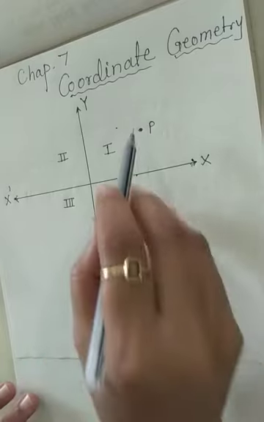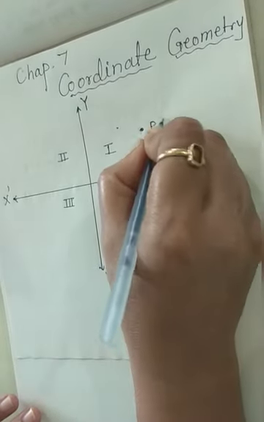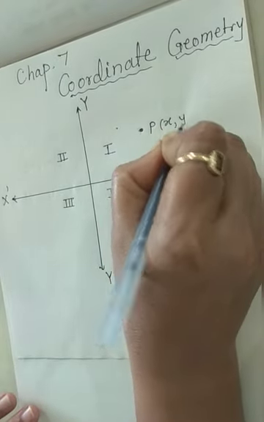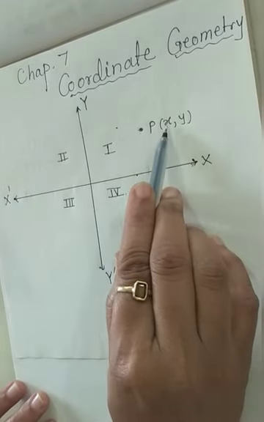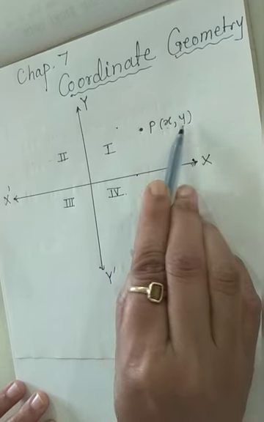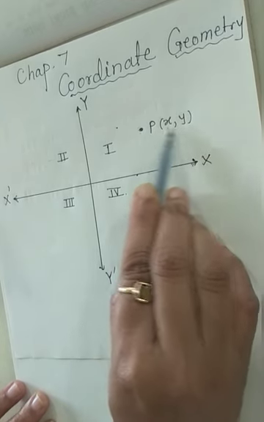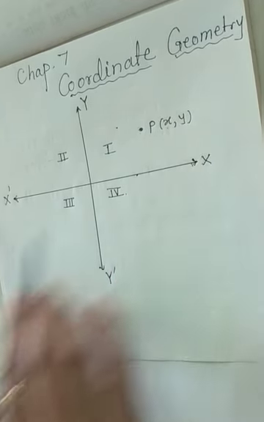Now let us consider one point P whose coordinates are (x, y). Always we are denoting the x coordinate first and then y coordinate, separated with a comma in the bracket.